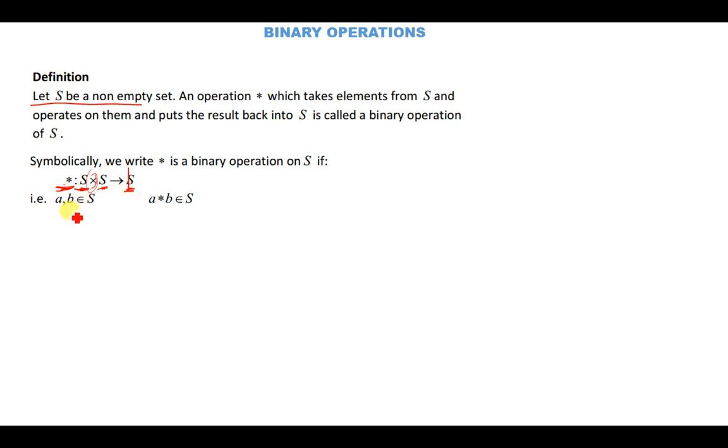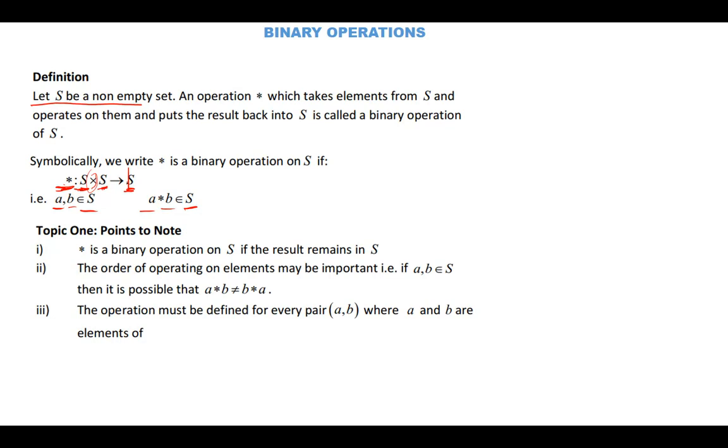For example, A and B are members of S, so A star B should give you an answer that is a member of S. In other words, if they ask, is addition a binary operation on the set of natural numbers?